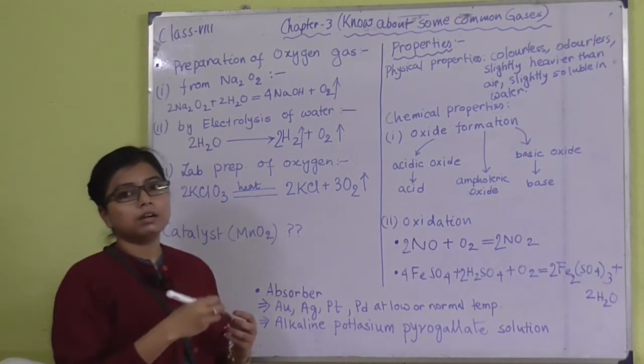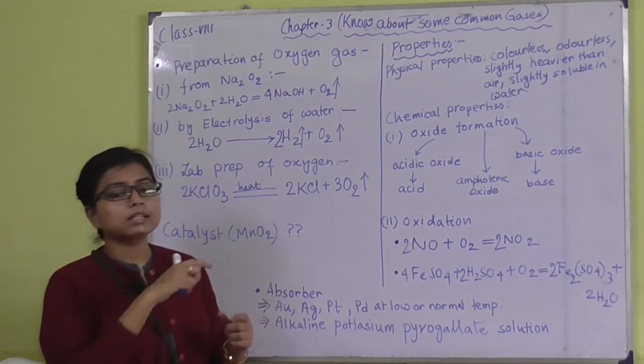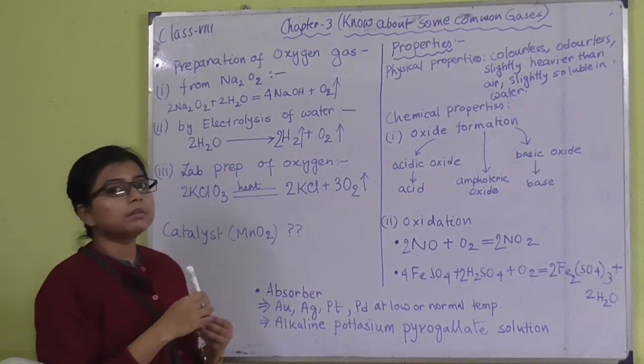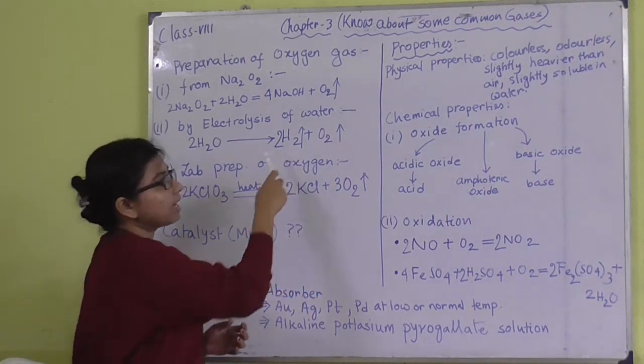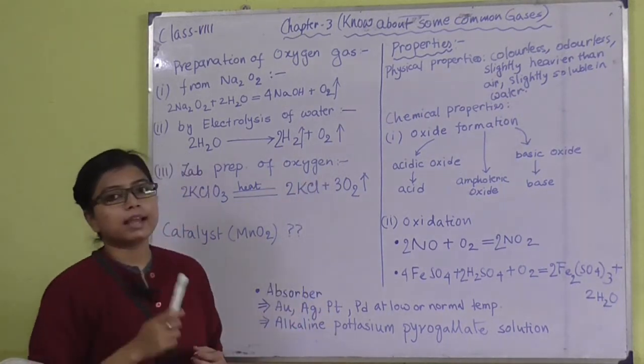Now if we allow the electricity to pass through the conductor, then we can see the formation of hydrogen gas at the cathode and the formation of oxygen gas at the anode.